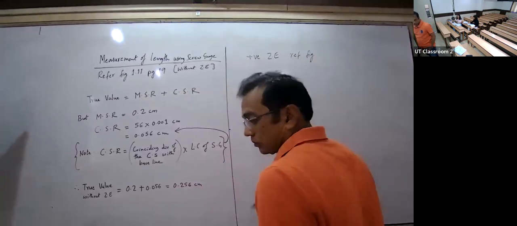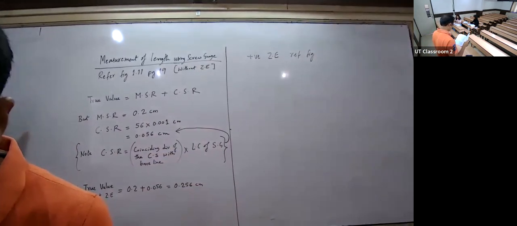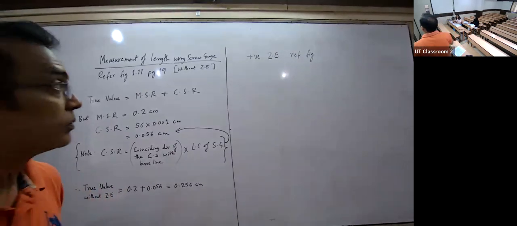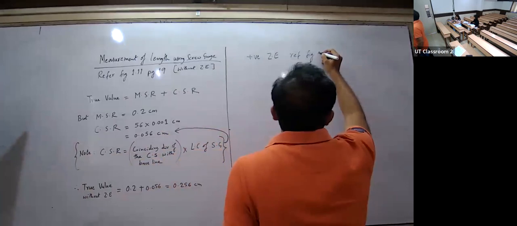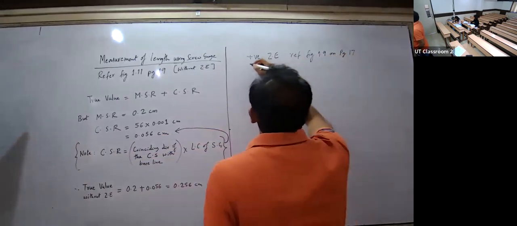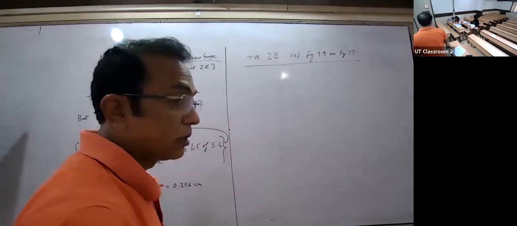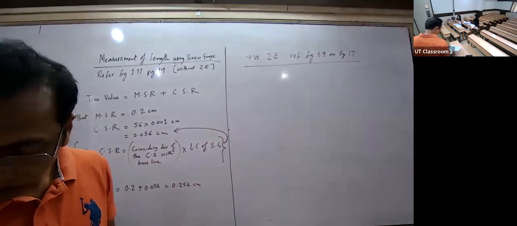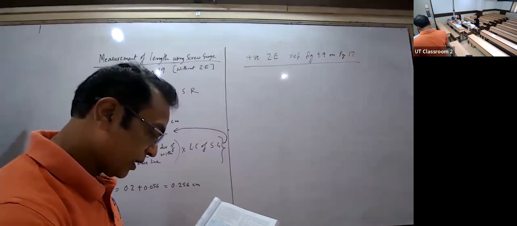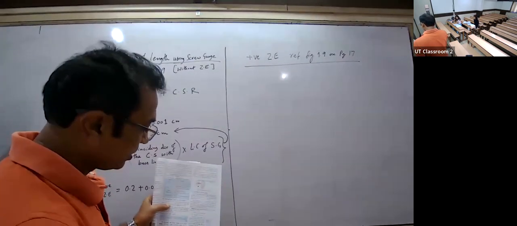Figure 1.9 on page 17. Okay. So how to find out zero error? Coinciding division into least count, right? So it is the fifth division which is coinciding, right? With the baseline. Can you see? Fifth is coinciding with the baseline.